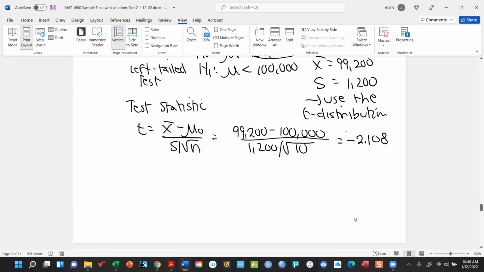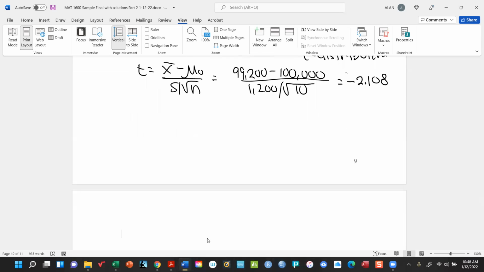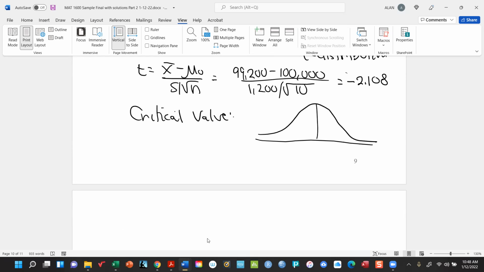Now, since this is a left-tailed test, of course, it'll look like this. And everything below that is our rejection region. So let's go look in the table now.